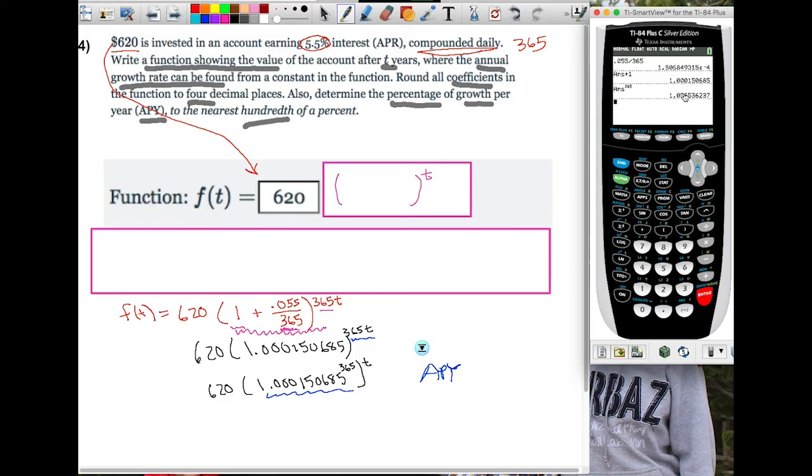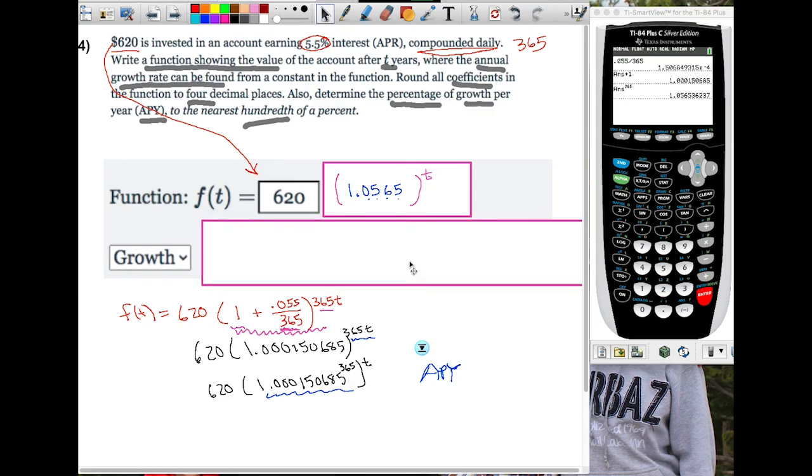I want to go to 4 decimal places. So that's the value that goes right in here, 1.0565. 4 decimal places, 1, 2, 3, 4. All good. Now, a couple more things. This is what we call growth rate, because this number is larger than 1.